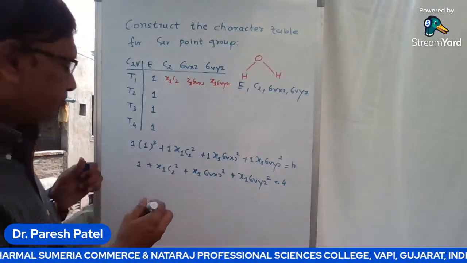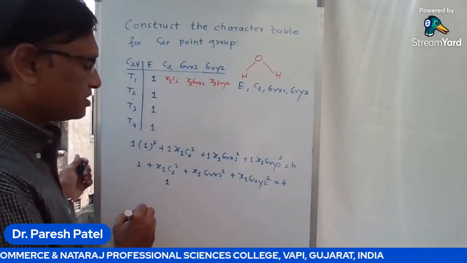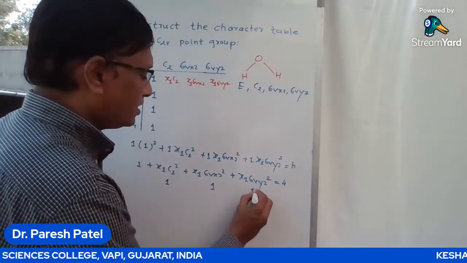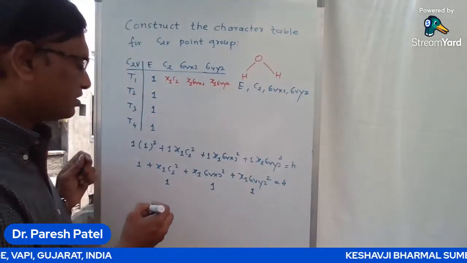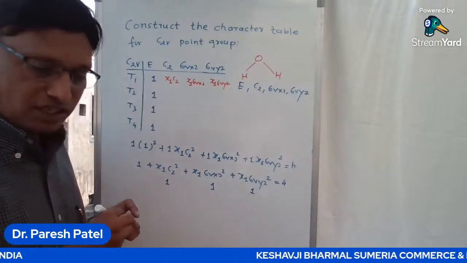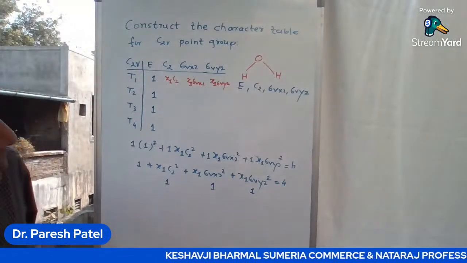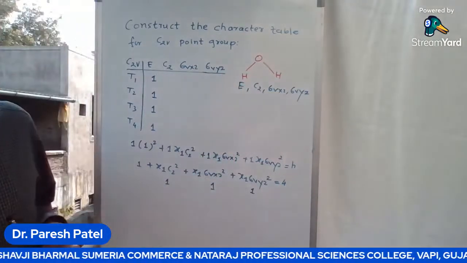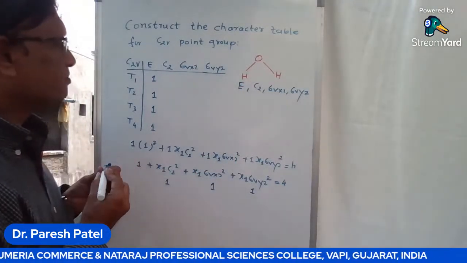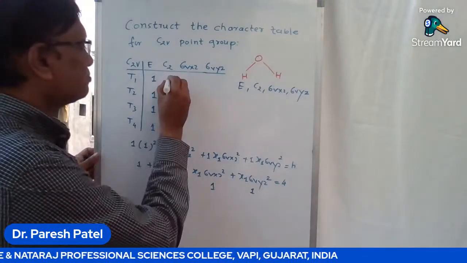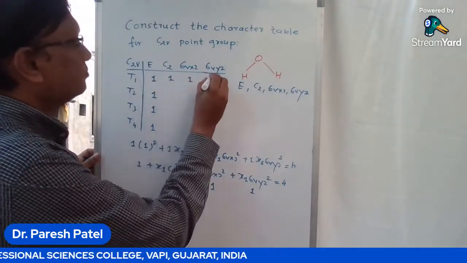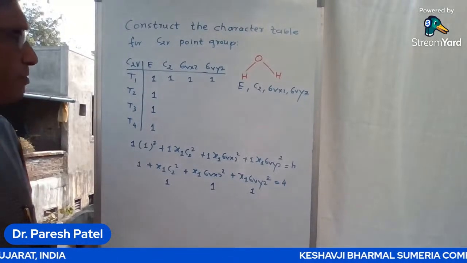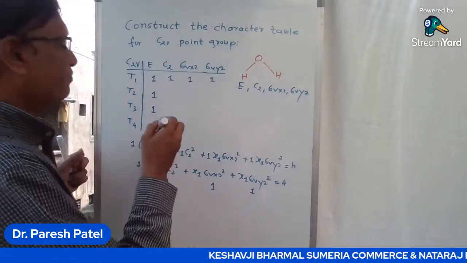So if we take the value for character 1 C2 is 1, character 1 sigma V xz is equal to 1, and character 1 sigma V yz is equal to 1, then this equation can be satisfied. So first irreducible representation is 1, 1, 1 and 1.